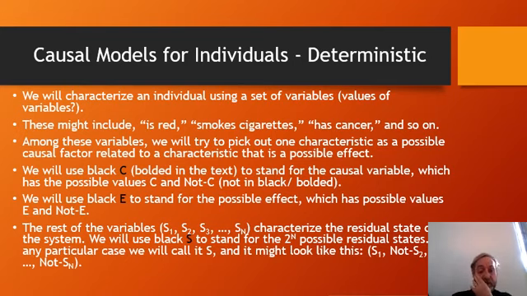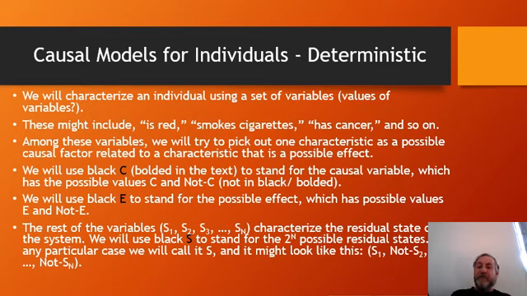So if you look at my residual state, it might look like this. For the variable skin, fair or not fair, I have fair, so S1 is fair. For the variable is African American or not, I'm going to be not, and so on.